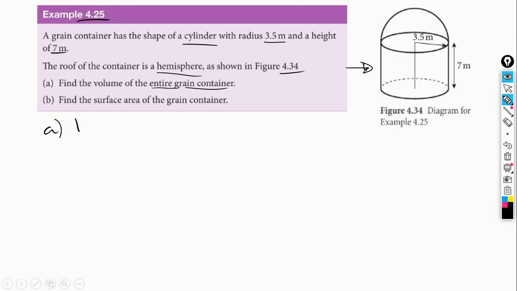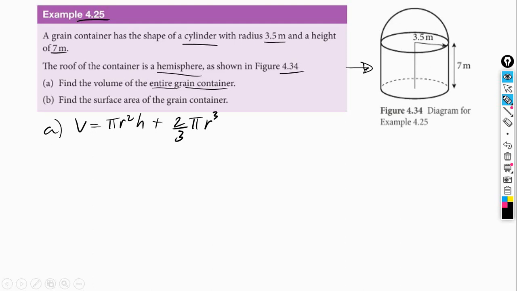So in this case, the volume is going to be equal to the volume of the cylinder, which is pi r squared times the height, plus the volume of a hemisphere, which is going to be 2/3 pi r cubed.